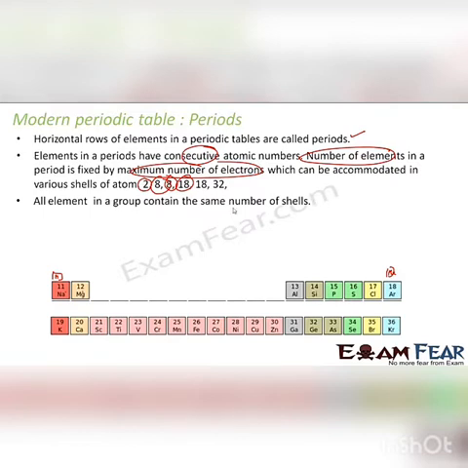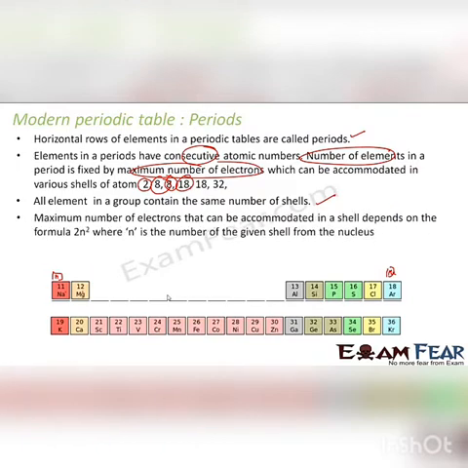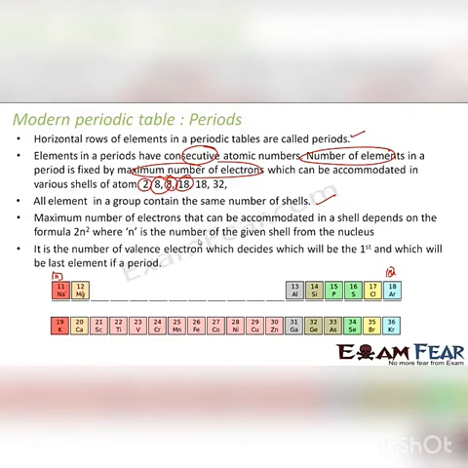And all the elements in a period have the same number of shells because they have similar electronic configurations. The maximum number of electrons that can be accommodated in a shell depends on the formula 2n square, where n is the number of the shell. Correct?